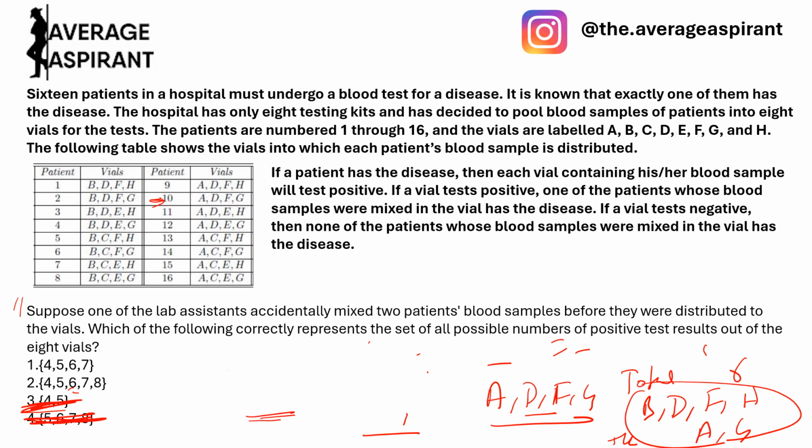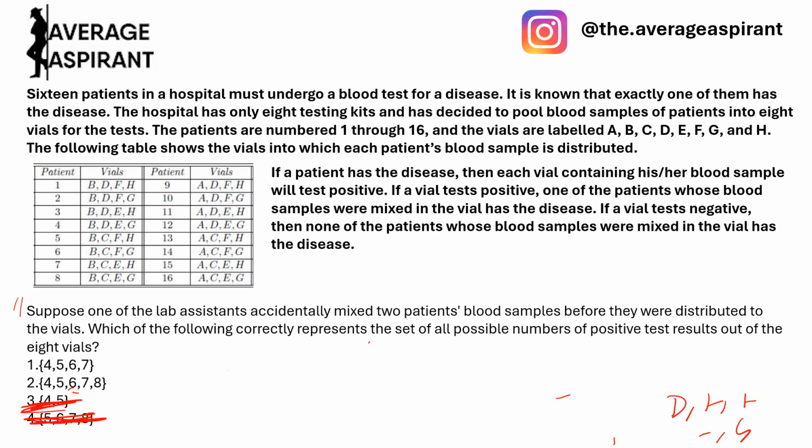Okay. So now we are left with option 1 and option 2. 4, 5, 6, 7, and 4, 5, 6, 7, 8. Because 7 is common, we'll simply check 8. If 8 is possible, then option 2 will be our answer. If 8 is not possible, then option 1 will be the answer. So we'll check 8. Again, assume that P1 has the disease.